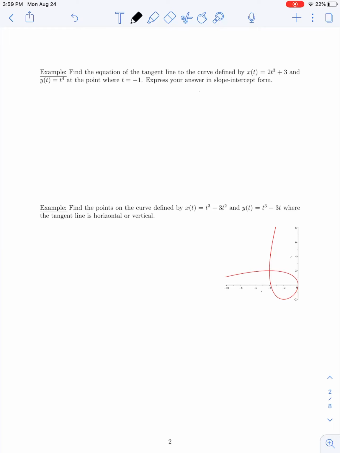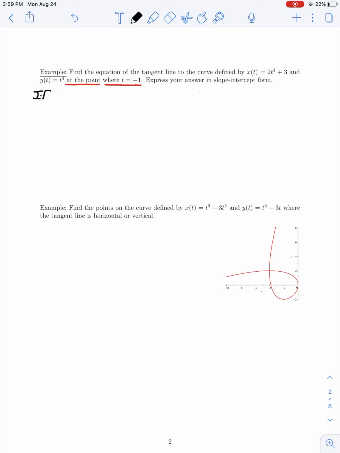So here, let's start by finding a point on our line. And we're told here that we're interested in the point corresponding to t equals -1. So let's find that point first.